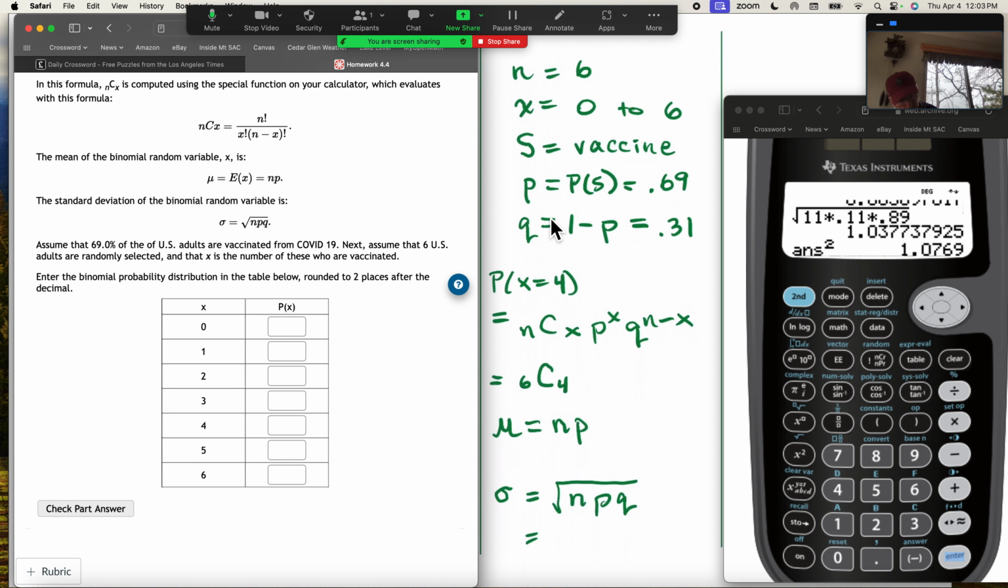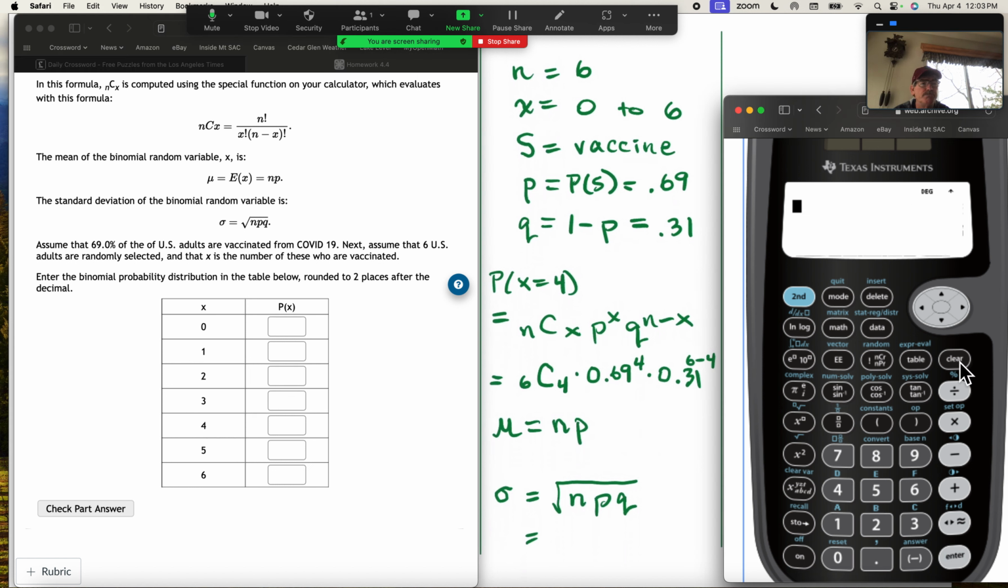Okay, and then p is 0.69 to the x, we're saying that's 4, and q is 0.31 to the n minus x, that would be 6 minus 4. Like that.